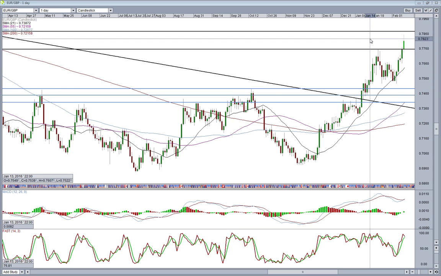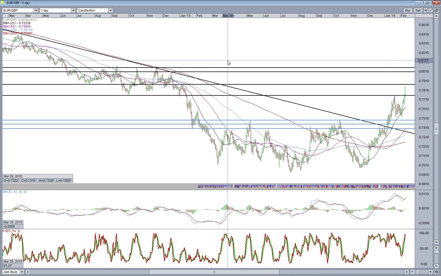which opens up now a move towards this next resistance around potentially 78.70s. Now, for me, with the break of these 77.50s, I think really what we're looking at now is a move back towards these 80 to 80.50s, this prior region, this solid block of resistance that we had between June and December of last year.